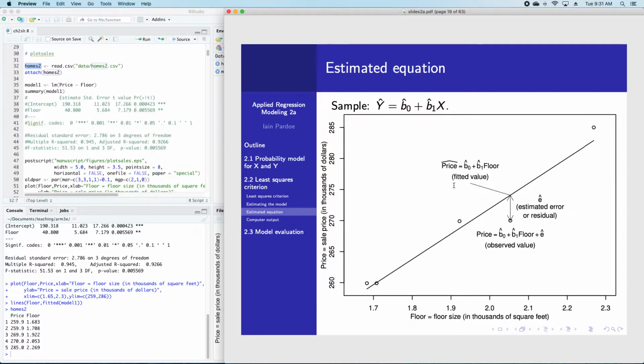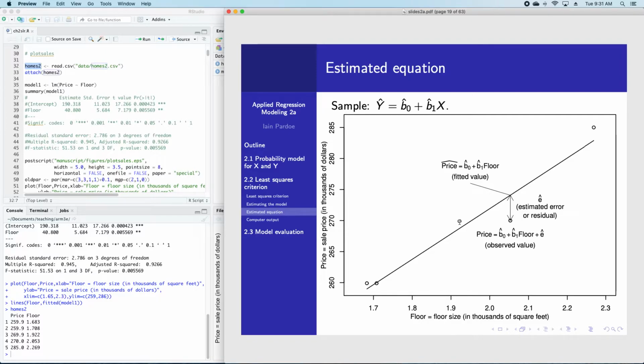I'm putting in the actual names of the variables in this example. So y is house price, x is floor size, and so along the line we would get the fitted values or the predicted values of sale price for a particular floor size.